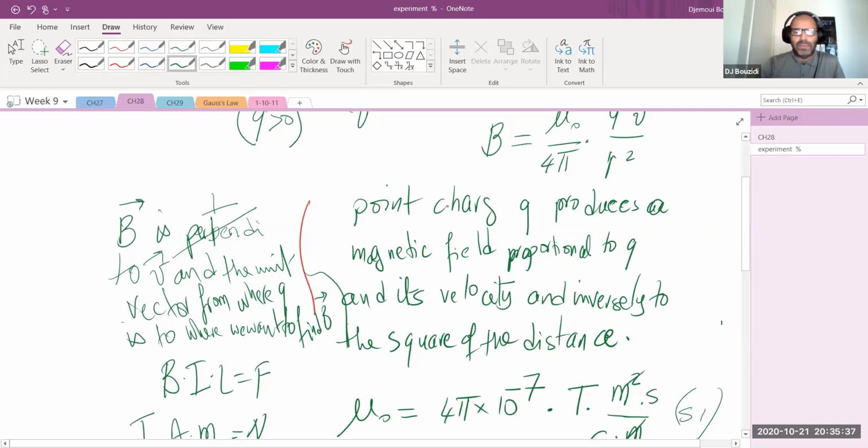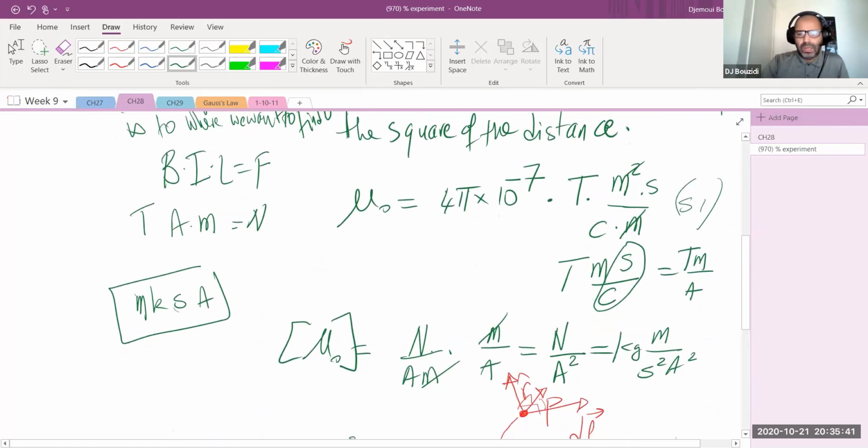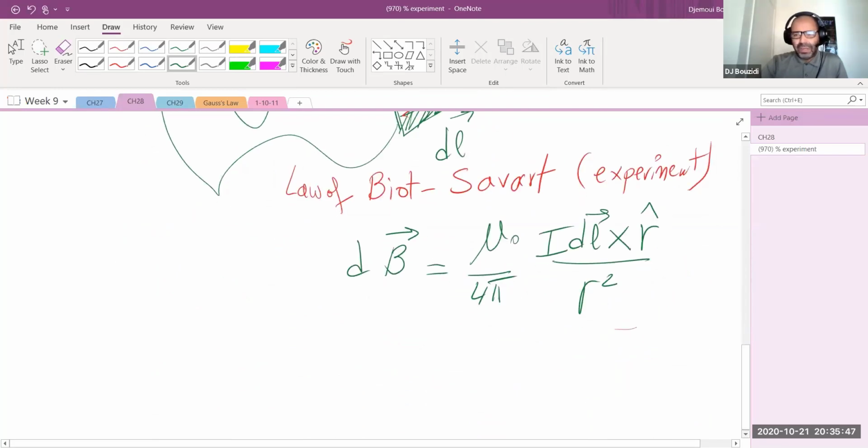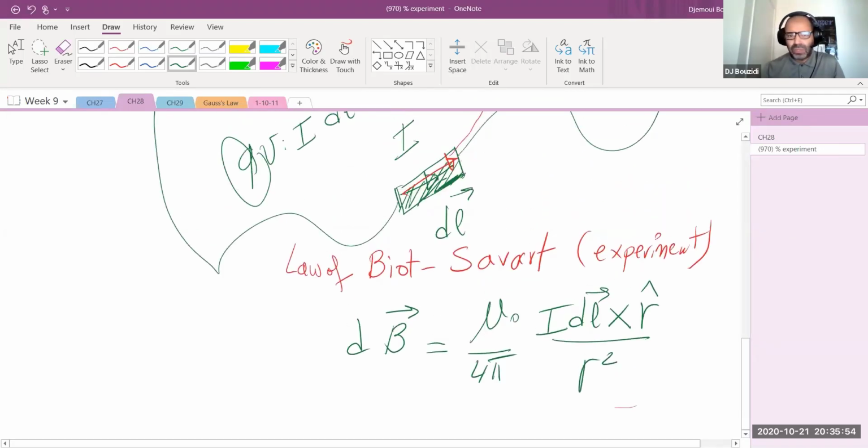So I hope that I have addressed the issue more or less, Sebastian, and I know it did not completely, honestly, give you a full description of it because it really has to go through this cross product. Now, the magnetic field at any point, you have to sum through the entire wire to find it.